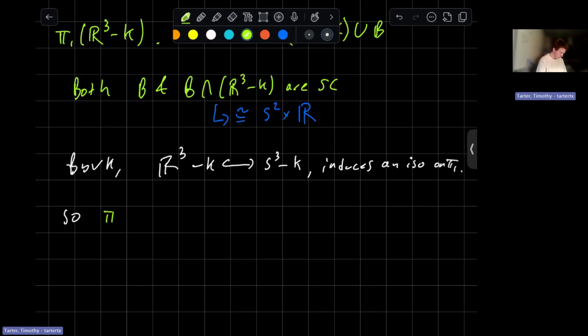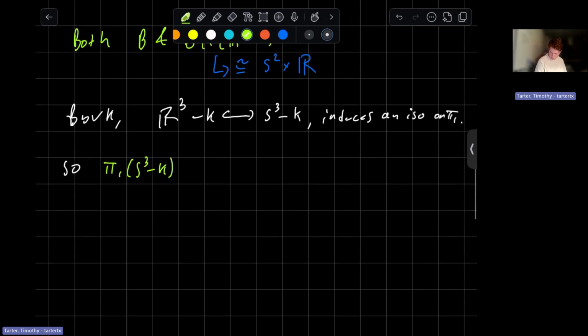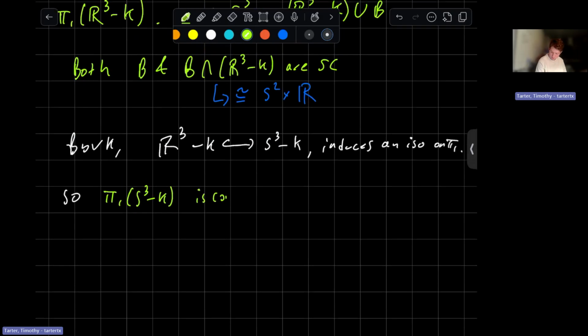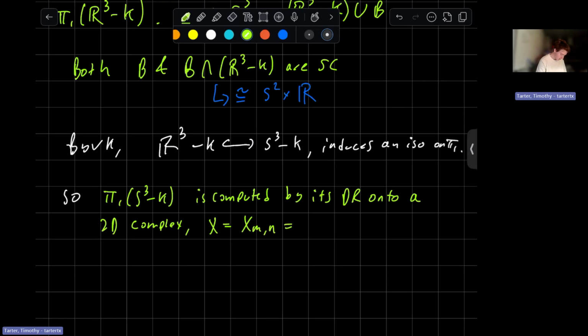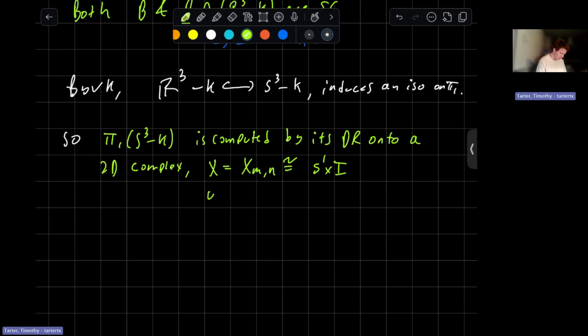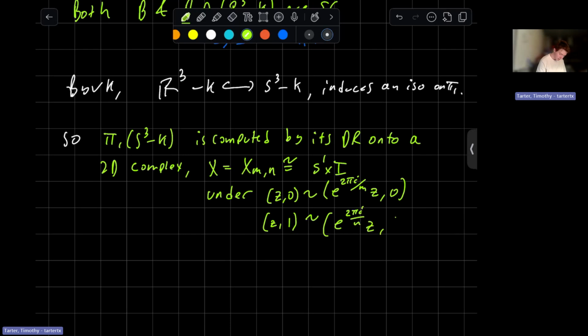So pi 1 of S3 minus K is computed by its deformation retraction onto a two-dimensional complex X equals X(m,n), which is homeomorphic to the quotient space of a cylinder under the identification that (z,0) is identified with (e^(2 pi i/m) z, 0), and (z,1) is identified with (e^(2 pi i/n) z, 1).